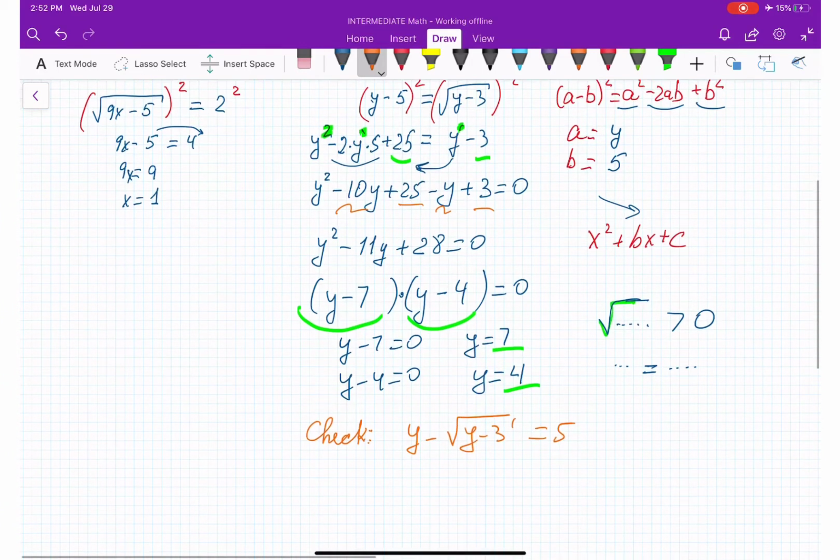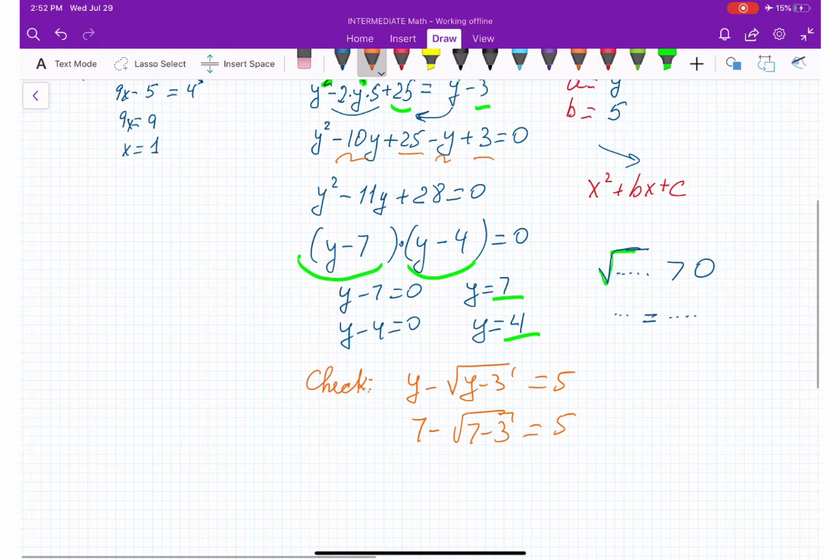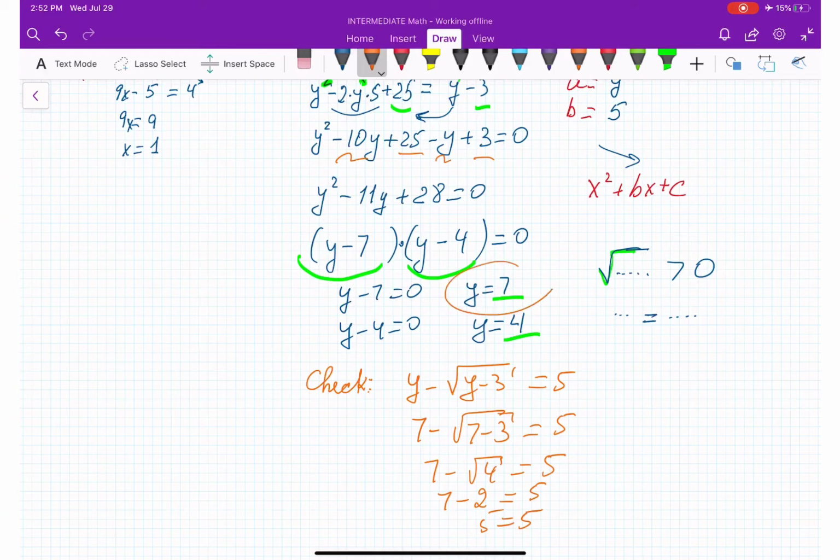Plugging 7: 7 minus square root of 7 minus 3 is equal 5. So 7 minus square root of 4 is equal 5. 7 minus 2 is equal 5. So 5 is equal 5. So this one is the correct answer. y is equal 7.